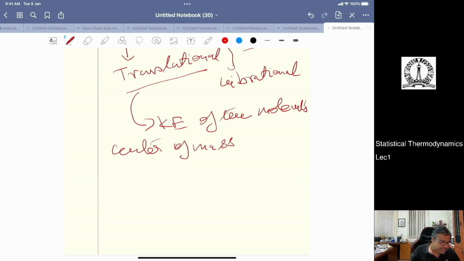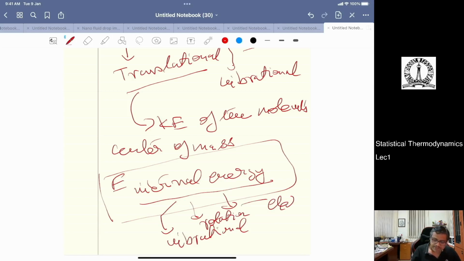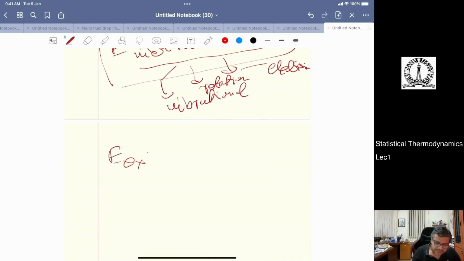So as you can understand, combining all these energies is what actually gives you the total energy, or the total internal energy, if I might call it. So internal energy basically is, of course, usually we say that this is the vibrational plus rotational plus electronic, whereas the external mode, E external, is basically the translational mode.